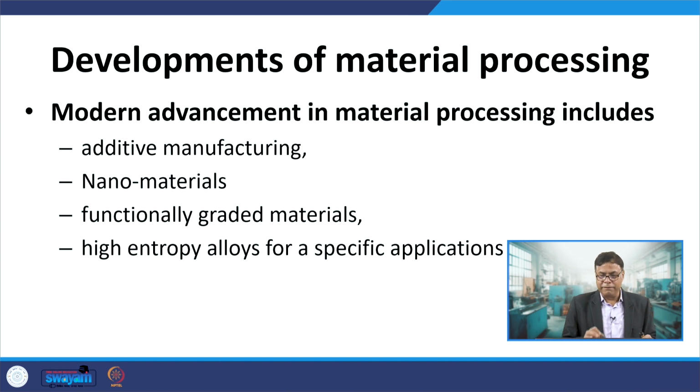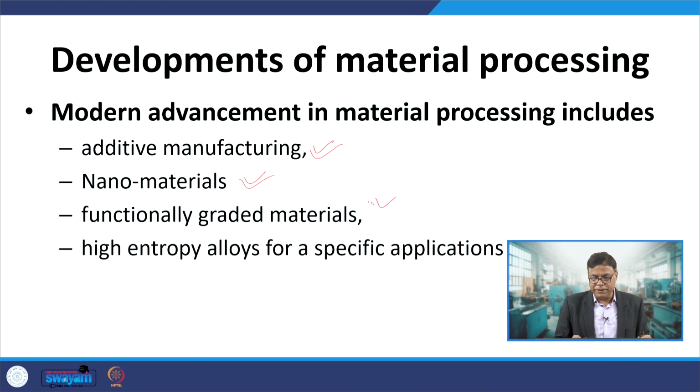Then modern advancement in material processing includes additive manufacturing. Additive manufacturing can be used for making a variety of products in smaller quantity, developing nanomaterials for a wide range of applications to deal with the challenges being faced by society, and also for improving the performance of components which are being used in engineering applications.